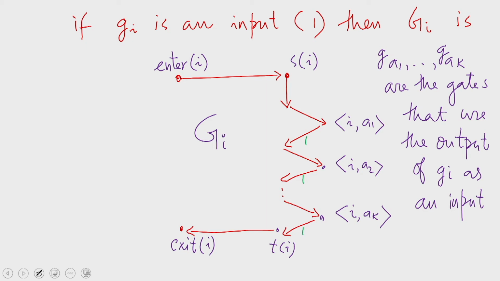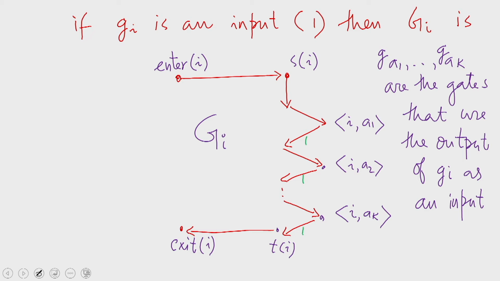So, at vertex IA1, what we say is that this edge which is marked is going to be the first edge in the adjacency list of IA1. If an edge is unlabeled, it means its source vertex has only one edge and therefore this edge is labeled 1. So, every unlabeled edge by default has a label 1 and that is the only edge belonging to the adjacency list of the source vertex.